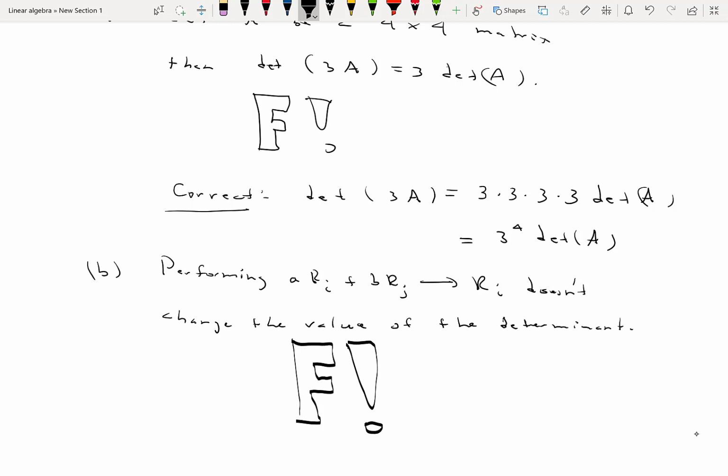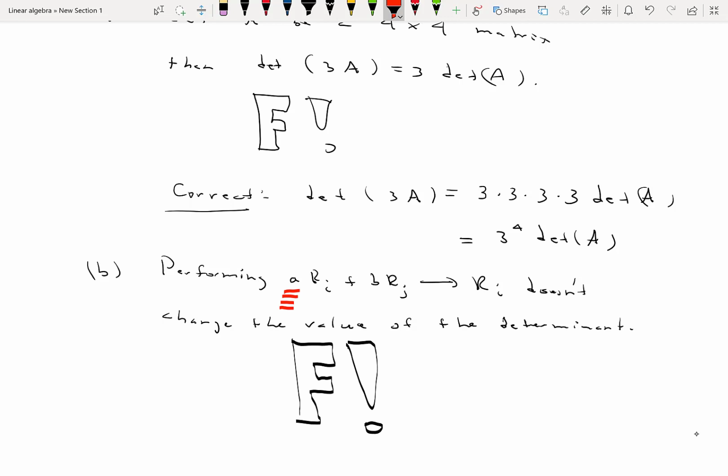The problem, and this is a big deal, is that this is not an elementary row operation. This is a combination of two row operations. This is a combination of multiplying row I by A, which definitely affects the value of the matrix.